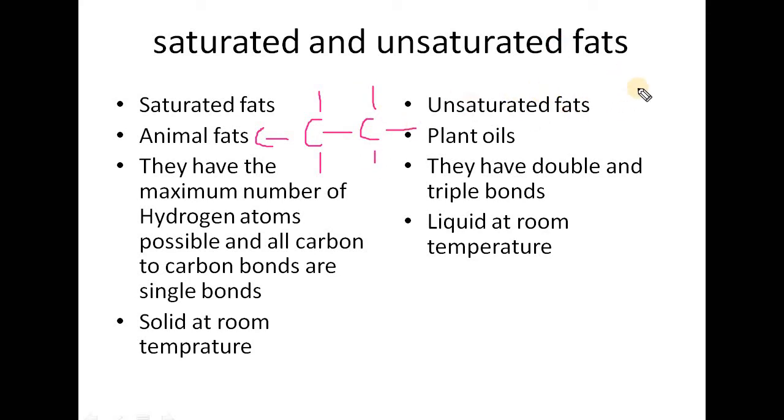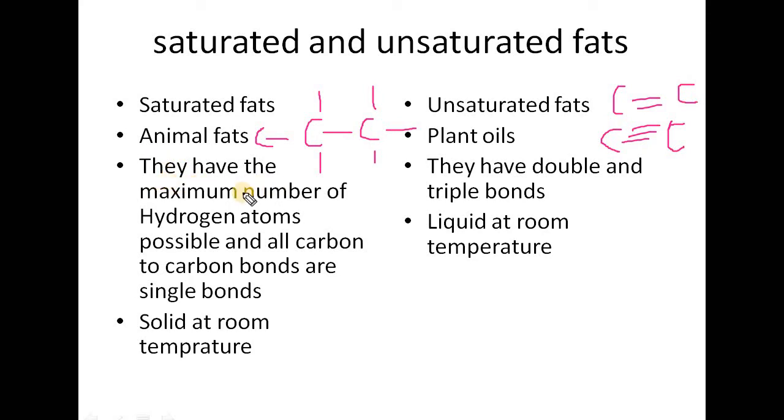But in unsaturated fats, we have double bonds between carbon atoms, or triple bonds, like this. That's why they are unsaturated, meaning not all the carbon's bonds are connected to hydrogen atoms.